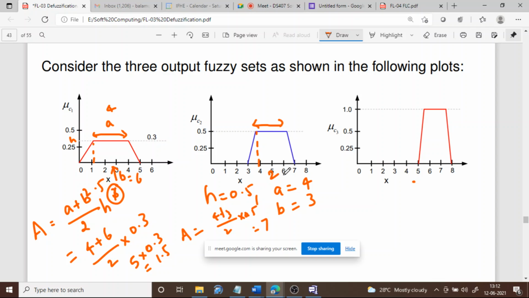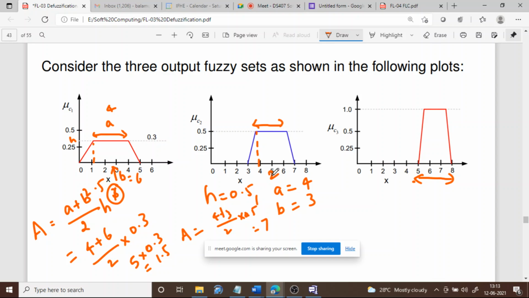Okay. What is the midpoint of this? What is the length of this? 6.5. Yes.